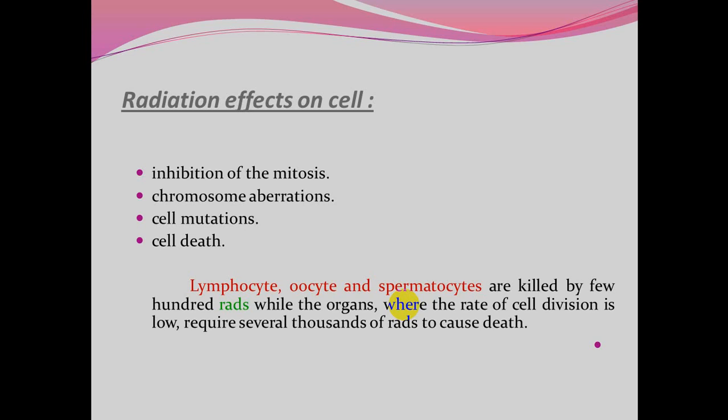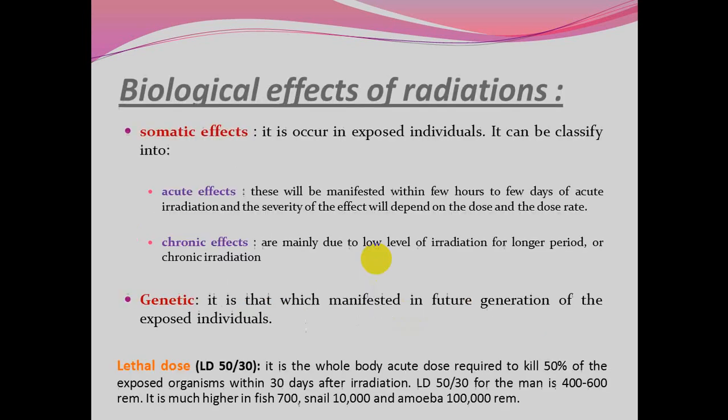Now we will talk about the biological effect of radiation in another classification. There are several classifications for the biological effect of radiation. One of these classifications is that this effect can be classified into somatic effects and genetic effects.